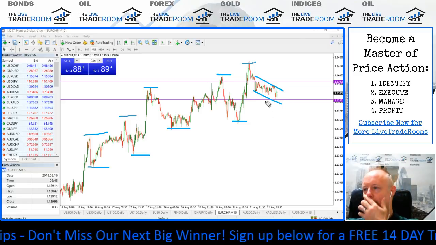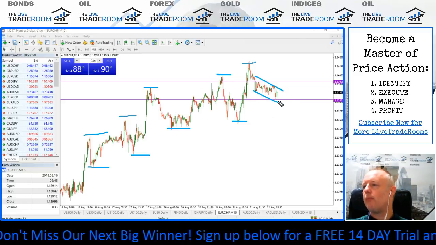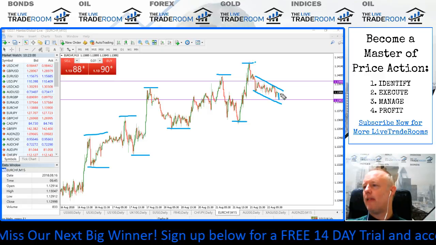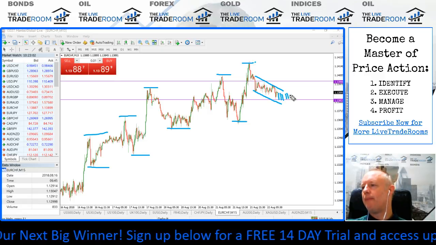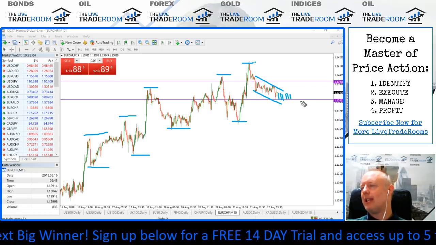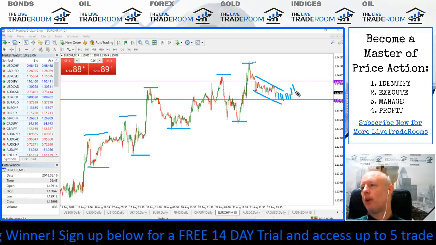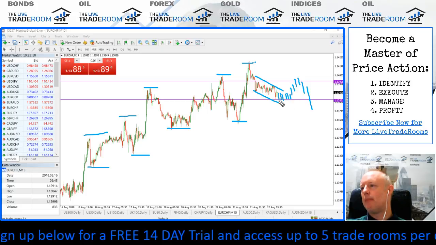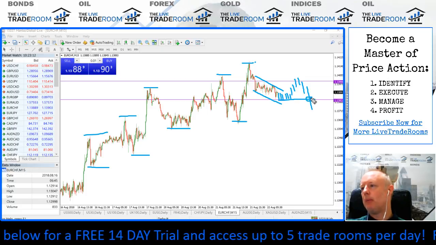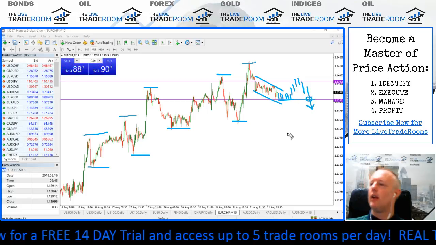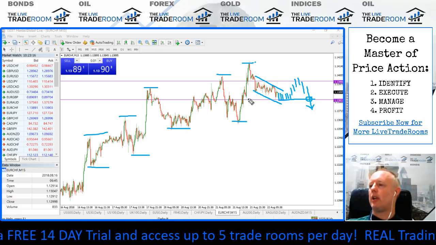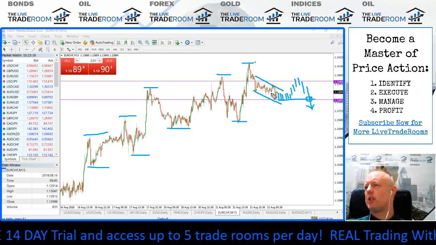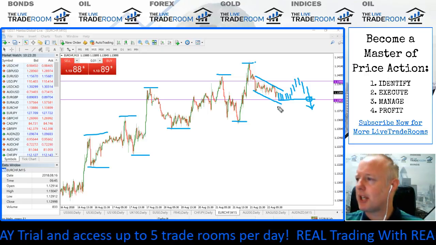We just need to see a little bit more information. What we'd like to see is this level of support stack up. We'd like to see an attempt to push higher that then fails. So we just might need to be a little bit patient with this market and see if we capitalize on a strong structural move, not this sort of slow grinding price action to the downside.